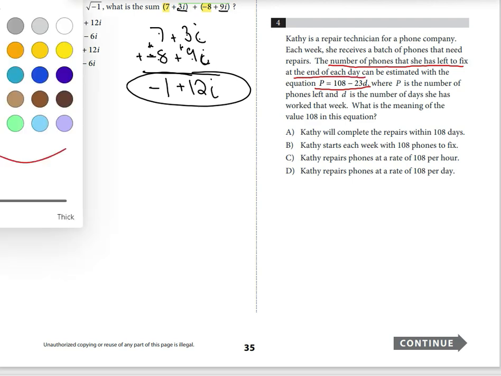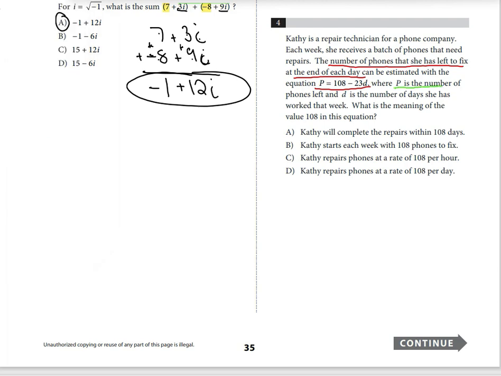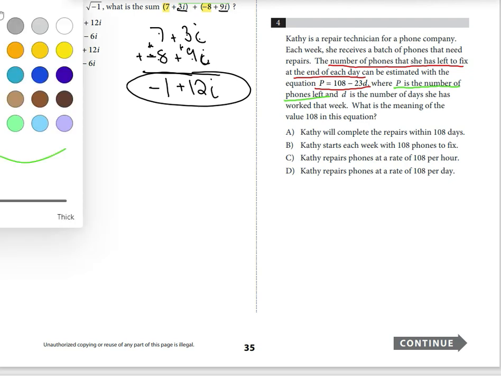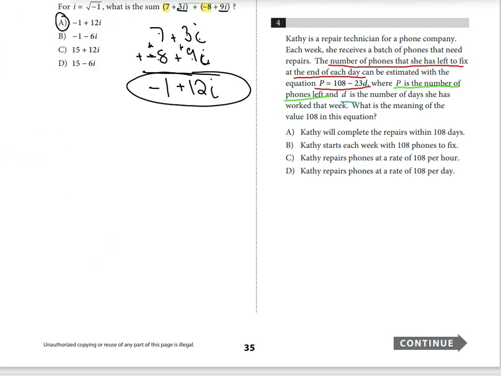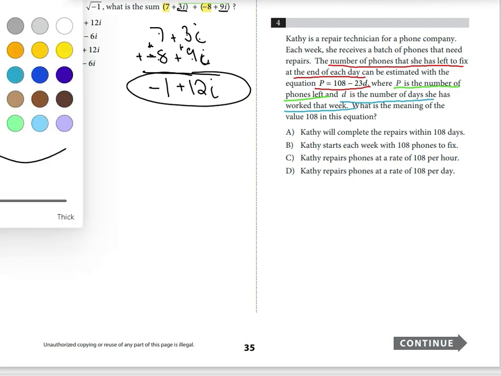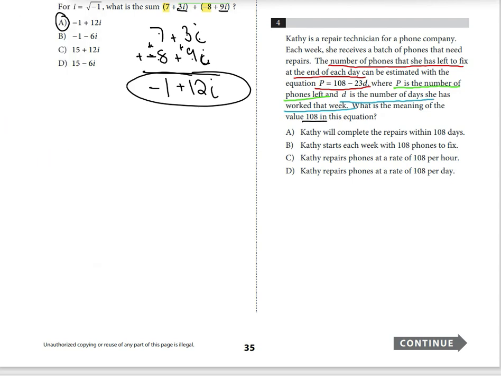And we got some additional information here. So P is the number of phones left, and D is the number of days she has worked that week. What is the meaning of the 108 in this equation? So what does that 108 mean in this equation? So we've got P equals 108 minus 23D.